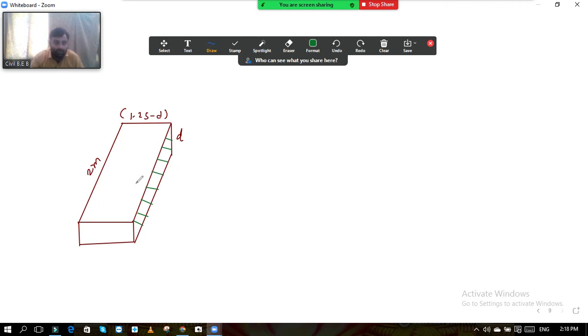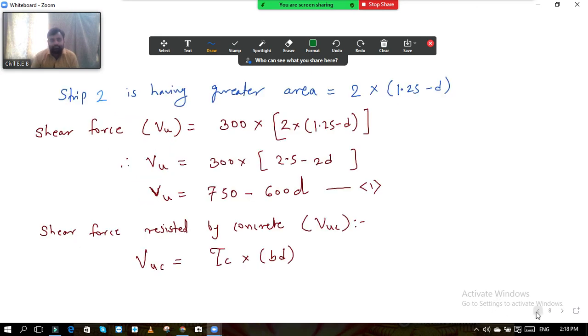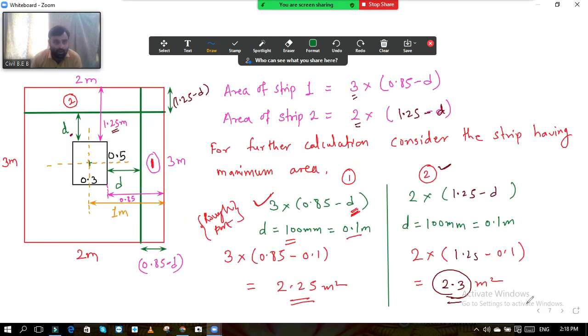So this dimension is nothing but 2 meter, right? Did you understand how the area came?